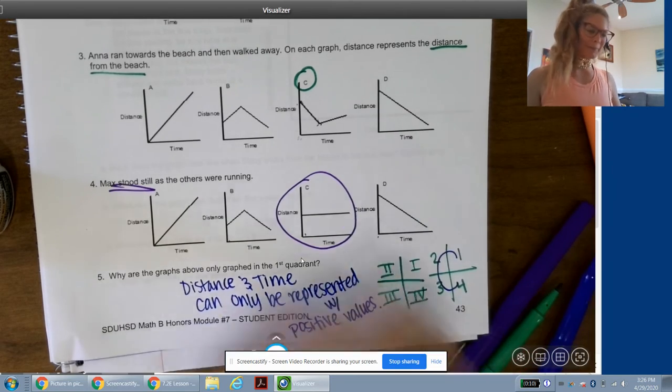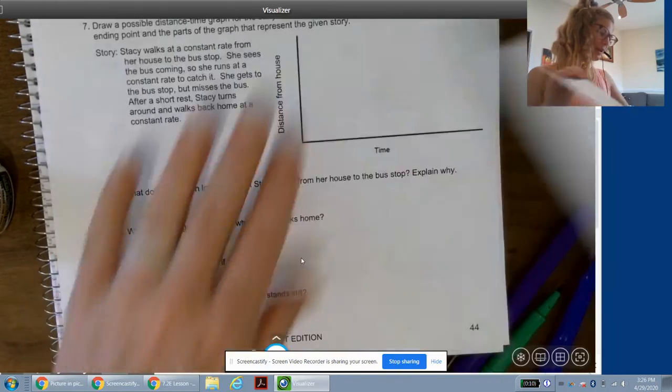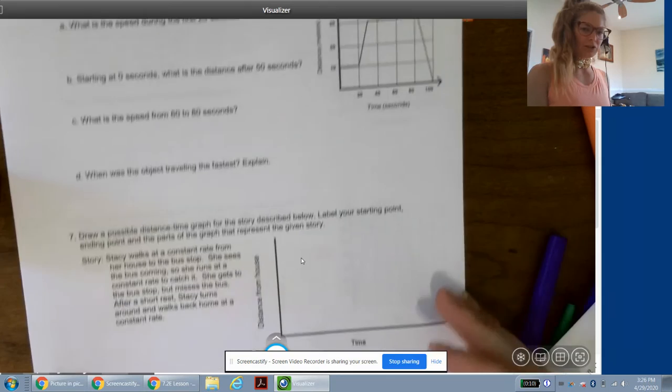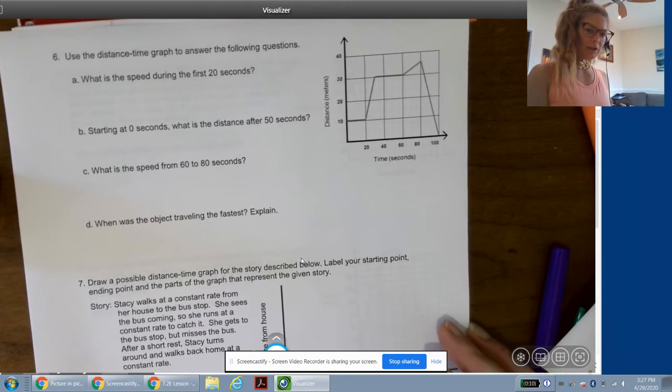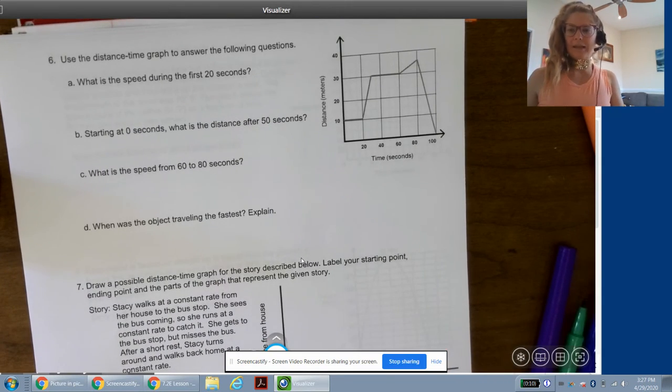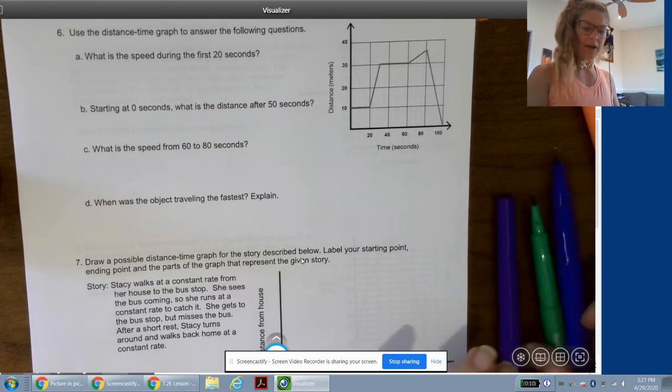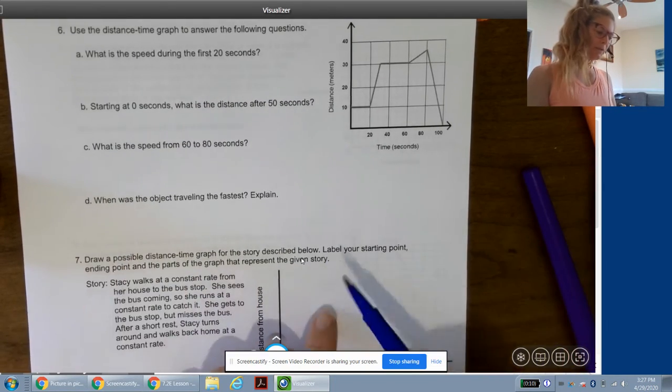Awesome. Let's keep going. Now we're going to use the distance-time graph to answer the following questions. Very similar to that YouTube video you just saw, we're going to be asking for the speed in different intervals, and which is the fastest. So we're going to be looking at the slope and steepness of our graph. What is the speed during the first 20 seconds?